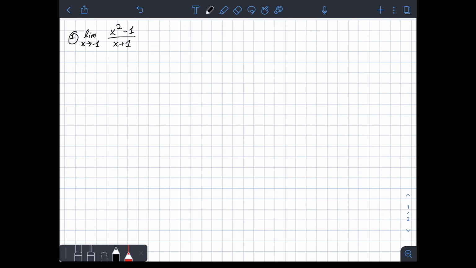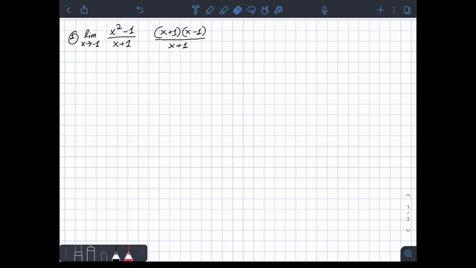So to find a function that's equivalent to this function at all but that point, we see if we can divide out, let's say, the denominator, and that way we won't end up with 0 over 0. So in this case, we can factor the numerator. It's a difference of squares over x plus 1.